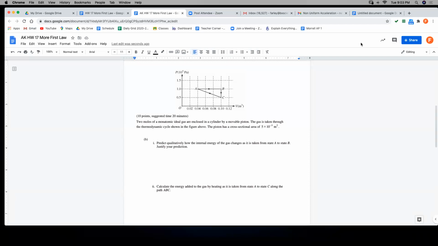Okay, so I just made a copy of the diagram so we can see it for this part here.